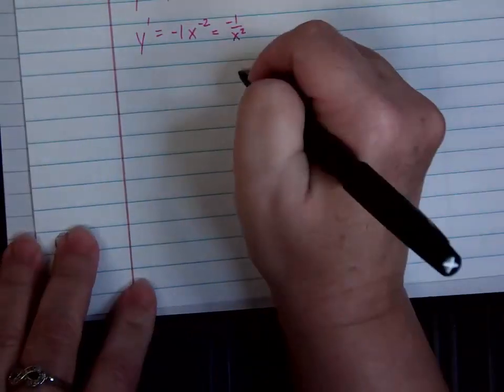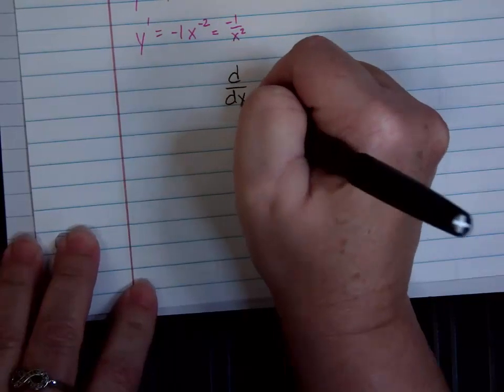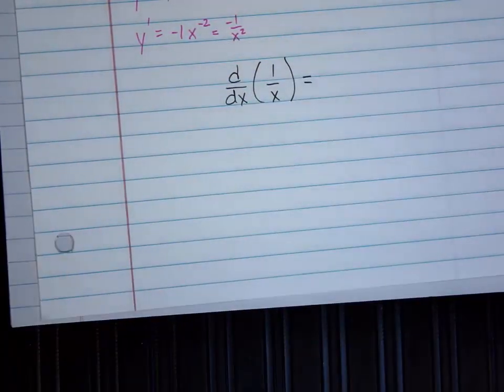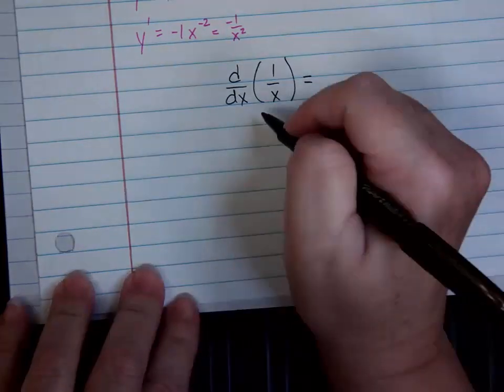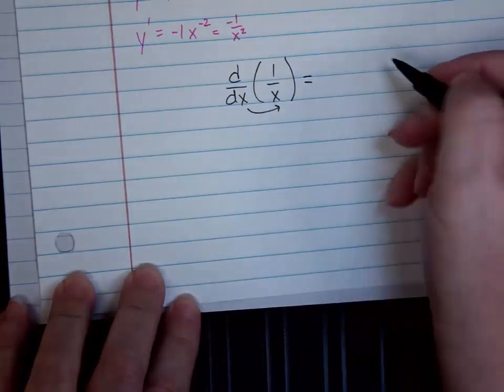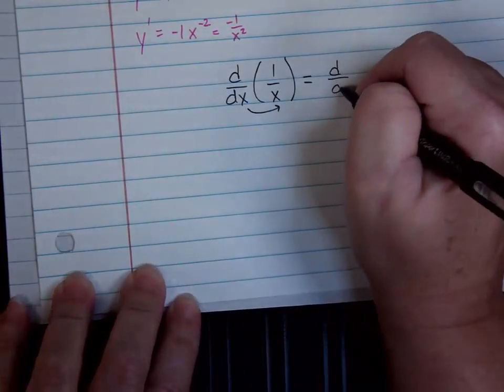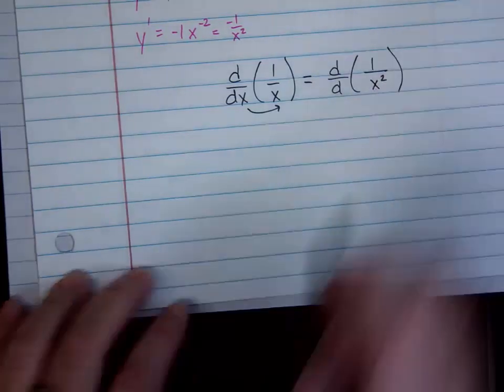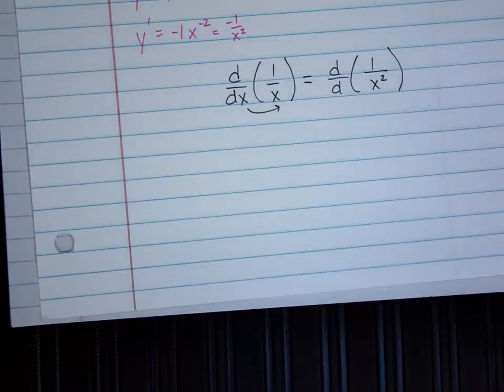d dx parentheses 1 over x equals. Okay? So I'm going to do some very bad math. Let's say I gave this to somebody who wasn't a calculus student and said, tell me what that is. Well, they may go, oh, well, I see 2 x's here. I'm going to combine those two. So I'm going to have a d over a d, and I'm going to have a 1 over an x squared. Okay? Now what's going to happen to the d's?